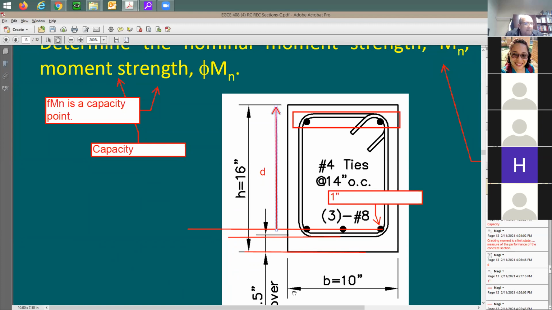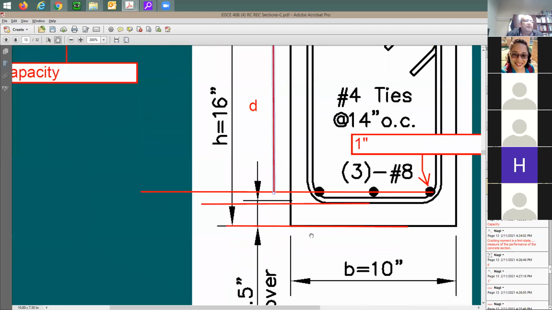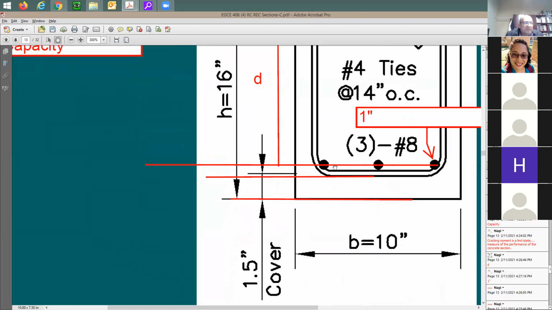Is this 1.5 inch to the center of the rebar? No. 1.5 inch is to the bottom of this rebar, but I want it to the center of the rebar. So from here to here is going to be 1.5, and from here to here is going to be an inch. How did they come up with it?